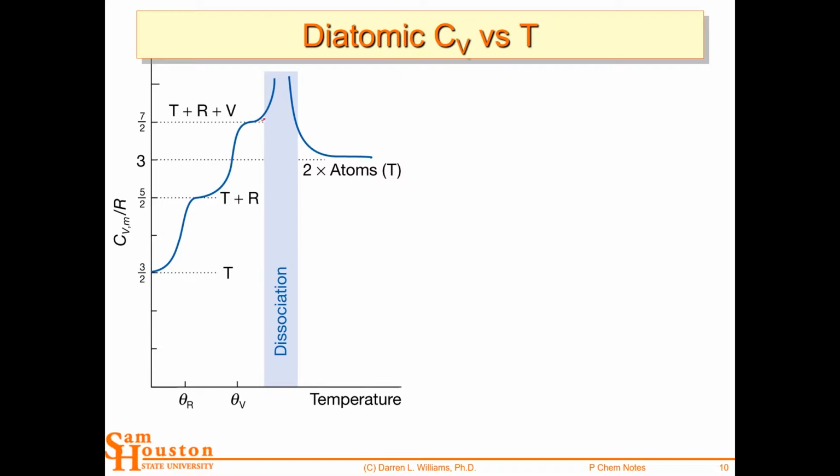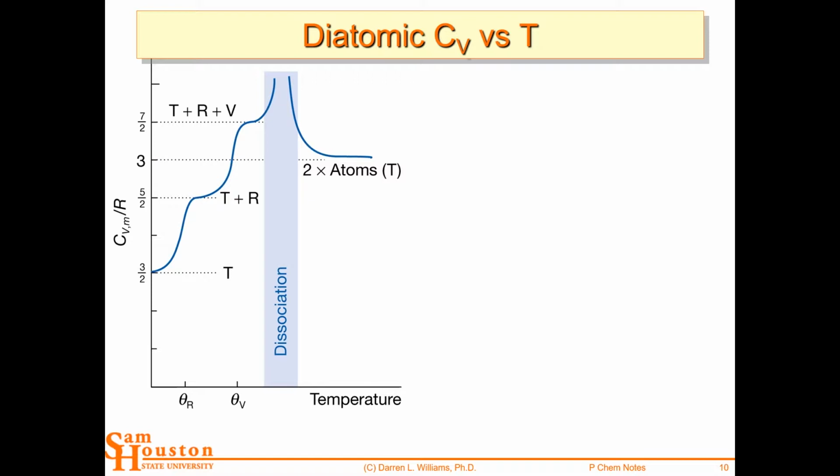And then if you start to activate the electronic, because that's the only thing left in the molecule, you're heating it up. You start to populate those antibonding orbitals, and you see that the molecule dissociates. It starts to go up, and then the molecule breaks apart, and you end up with 2 atoms. Now, why do 2 atoms have a heat capacity of 3 R?